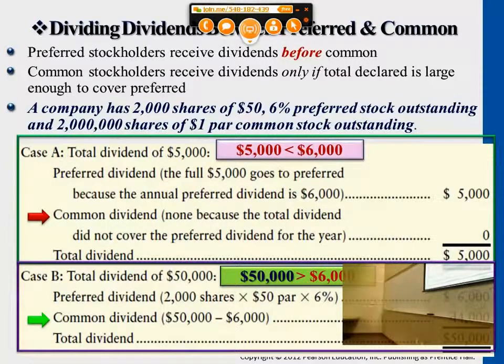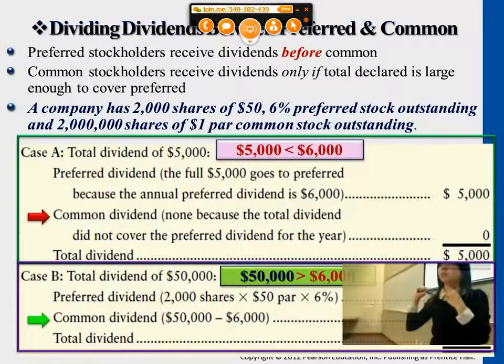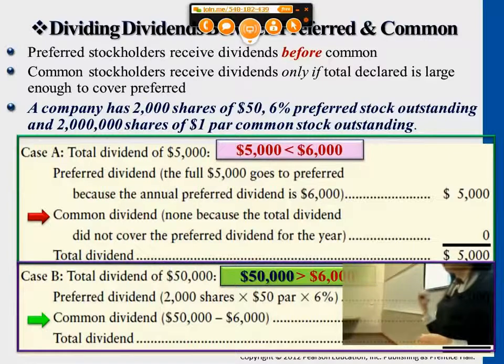That basically means dividends for preferred shareholders, anything that they did not receive in this year, accumulates to the following year, unless the problem states otherwise. Most of the companies, once they issue out preferred shares, dividend rights for preferred shareholders have to be satisfied. And if it's not this year, it will be next year.